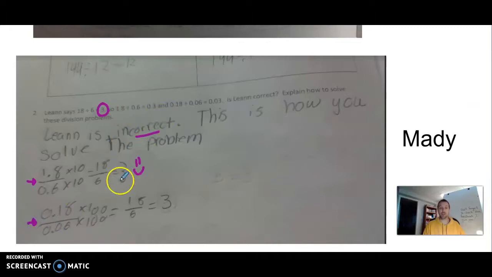We know she's incorrect. But she kept going, which I really appreciate, Maddie. Knowing that it's in hundredths, we'd have to multiply it by 100 to get that 6 into the ones place. And again, 18 divided by 6 gives us 3. All 3 problems make 3.